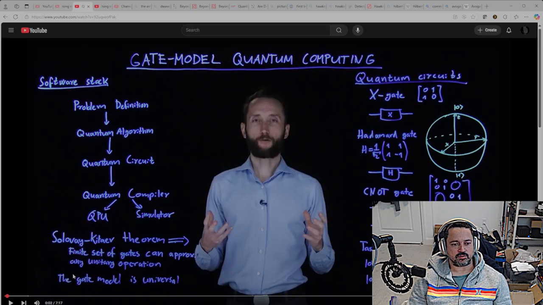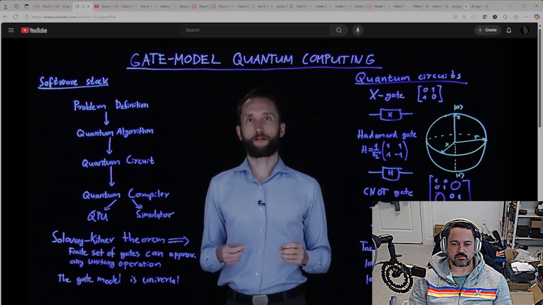The gate model is universal, and quantum circuits use an X gate, the Hadamard gate, and the CNOT gate, and you can essentially do all operations with just these three, if I remember correctly.